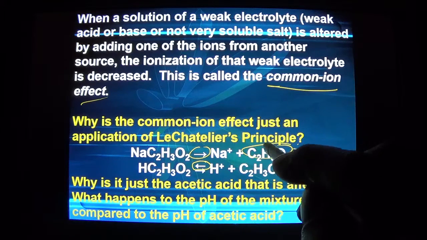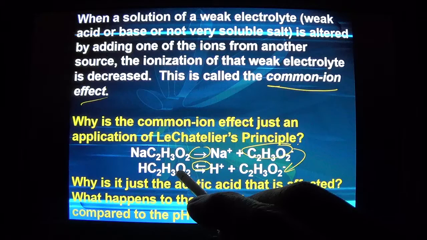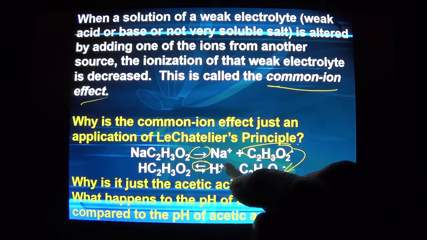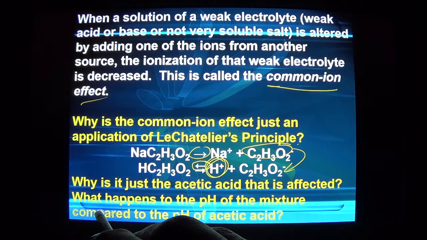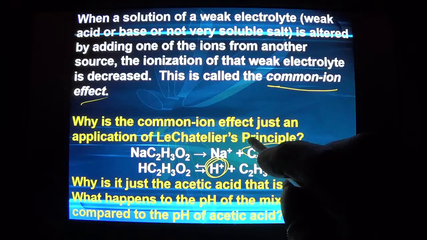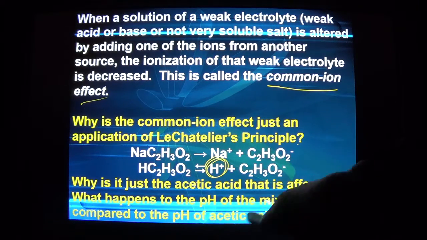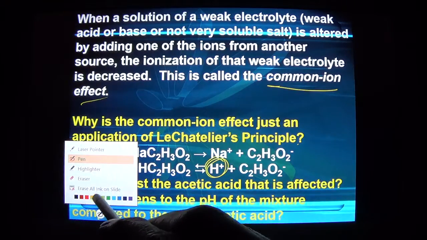So if I am adding acetate ion to acetic acid, I expect acetic acid a certain pH because it's giving off H. Does that make sense? So if I'm adding acetate ion to my acetic acid, what is that going to do?